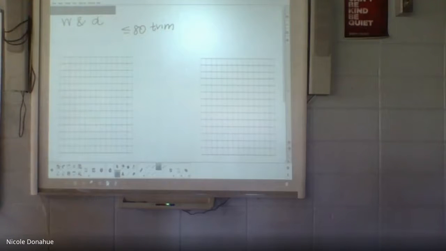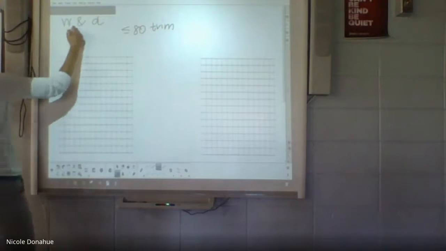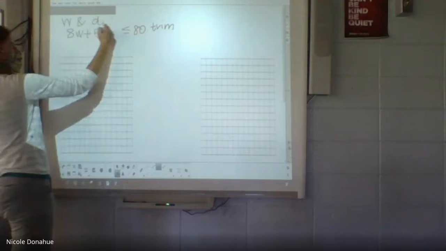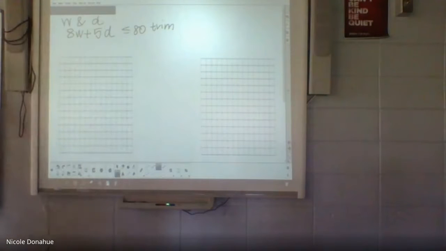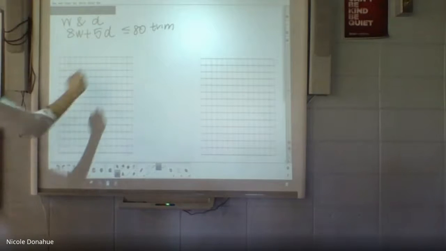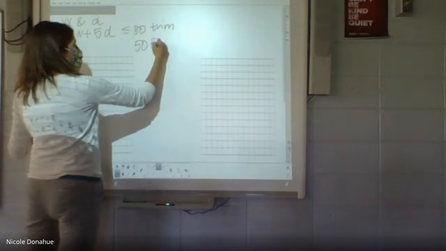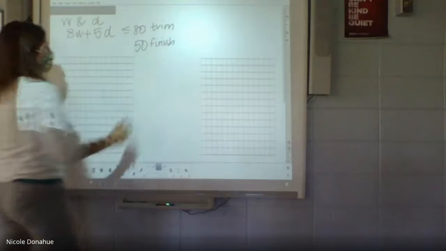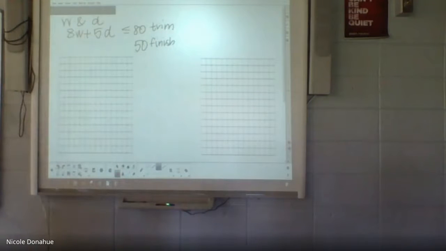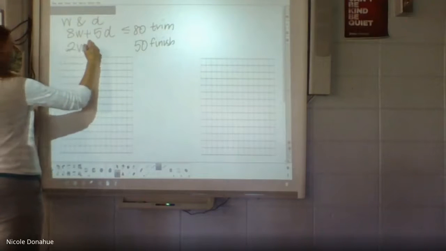The wallbanger is trimmed in 8 hours, 8W, and the dingbat is 5 hours. Then for finishing, you only have 50 hours. That takes 2 hours on the one and 5 on the other.